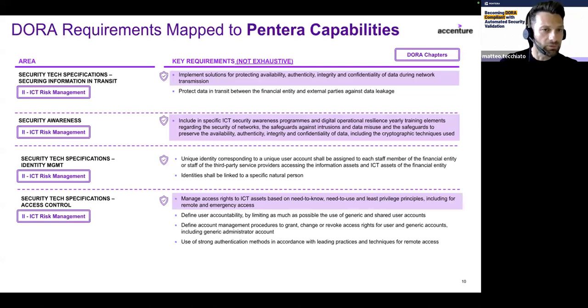Also, if we look at the requirements in the identity and access management space, obviously, as discussed before, you need to have in place some procedures and tools in order to ensure that you assign the right level of permissions and rights to your workforce in line with the least privilege approach.